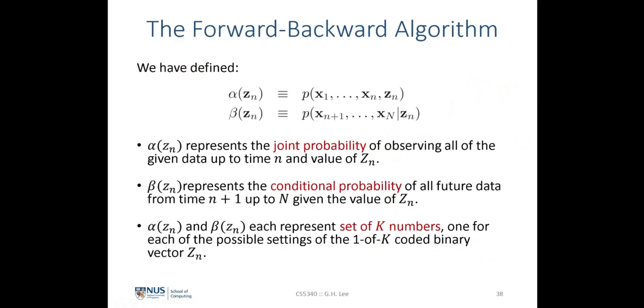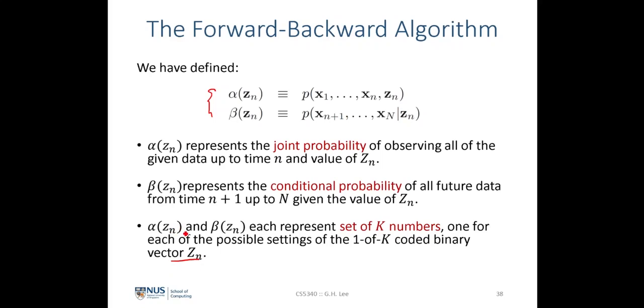So we have defined these two terms, alpha and beta, which are the joint probability as well as the conditional probability terms, and alpha and beta can both be represented respectively by K numbers, one for each possible setting of the one-of-K coding of the binary vector.